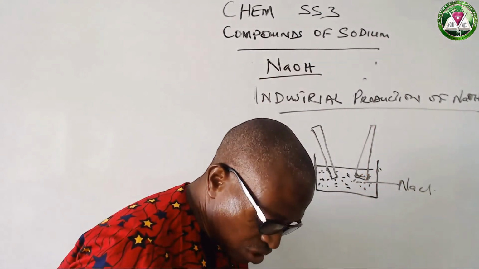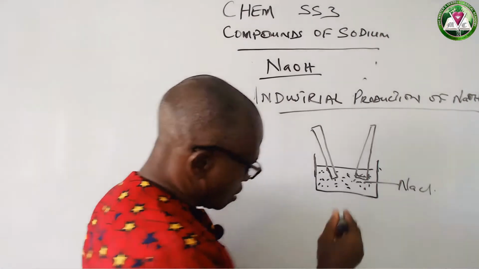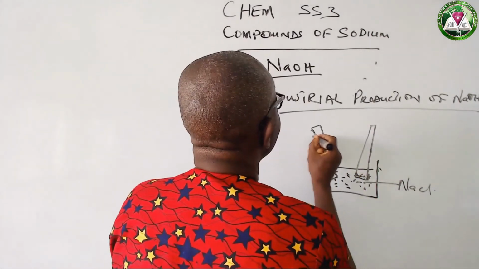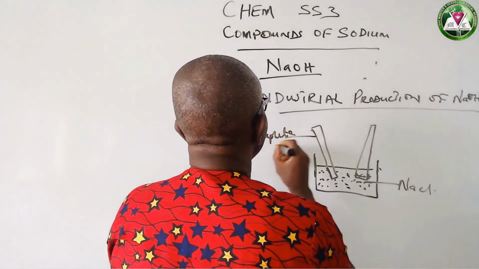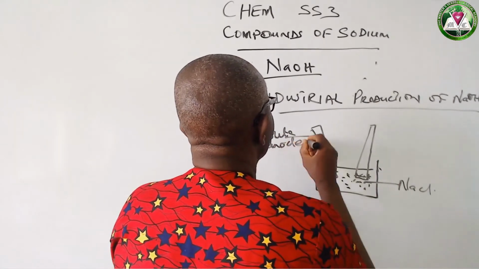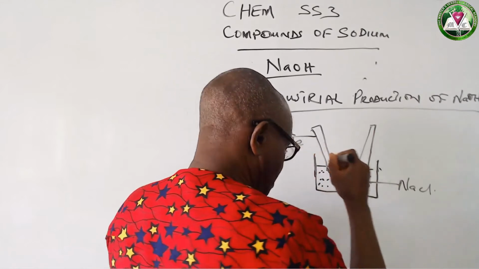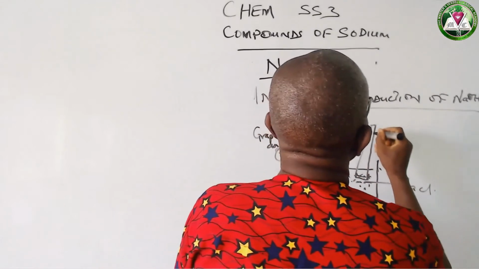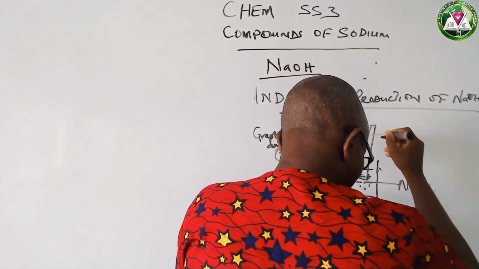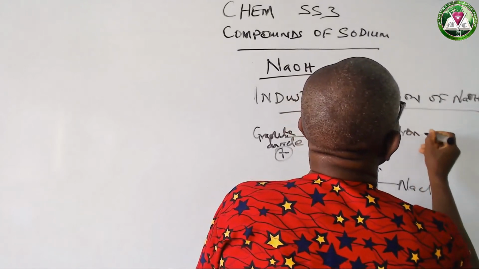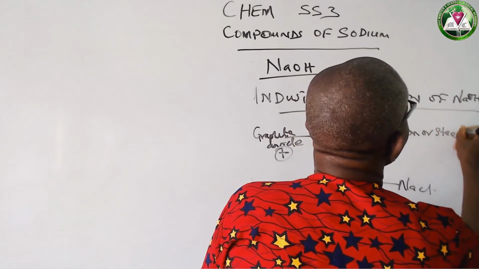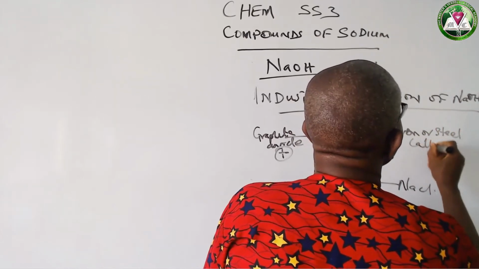In the two electrodes, you have your graphite anode. The anode is positively charged, and you have your iron or steel cathode.